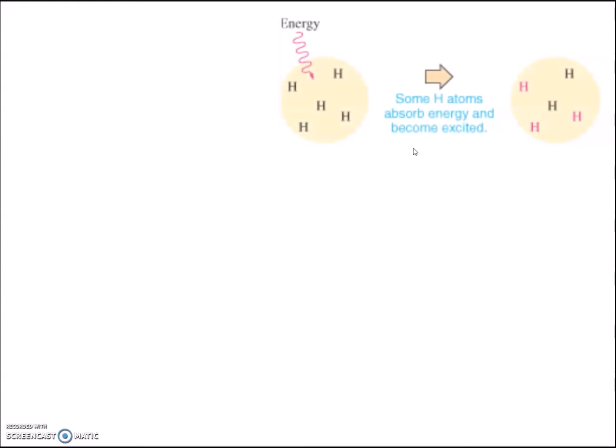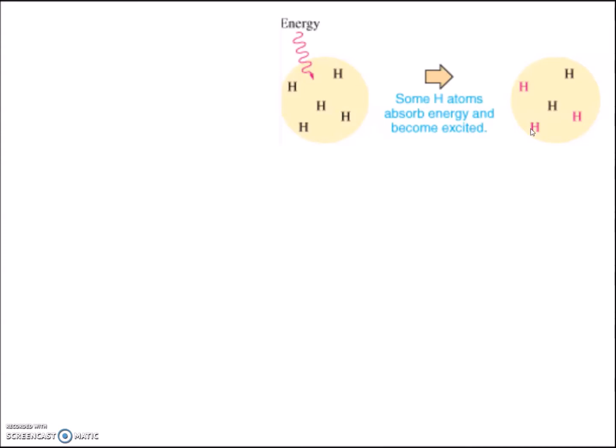Here's another way to visualize this. The H's are the hydrogen atoms. So we're shining energy on the hydrogen atoms. Some of the hydrogen atoms become excited and promote their electrons to a higher energy level than what they began with. Now, not all of the hydrogen atoms have to do this.